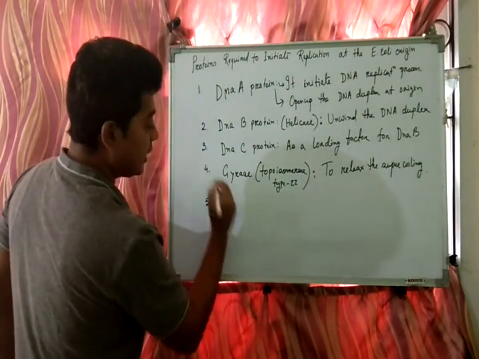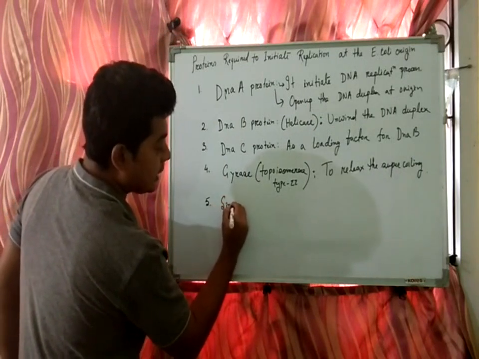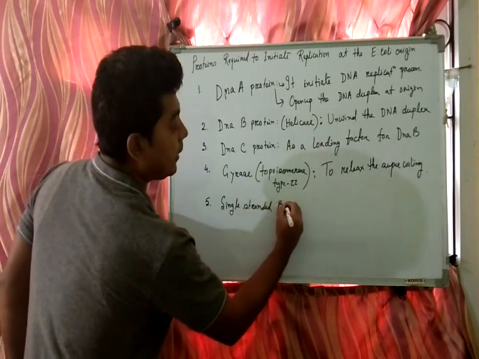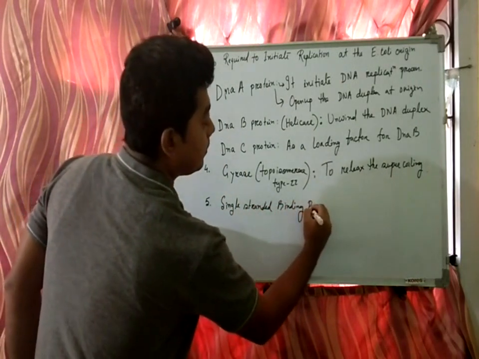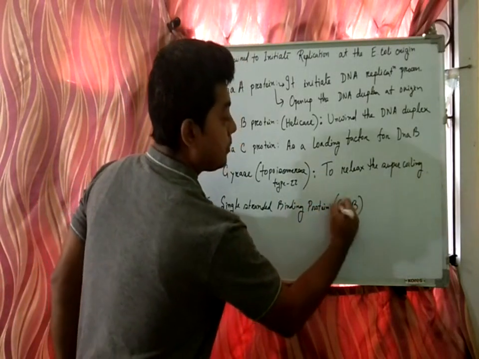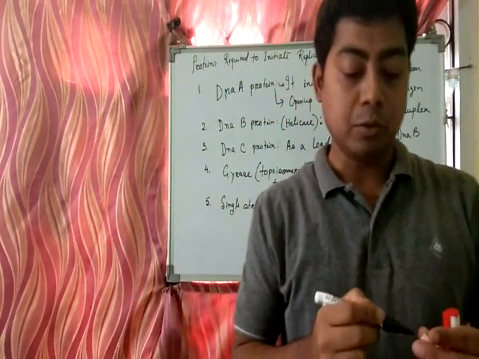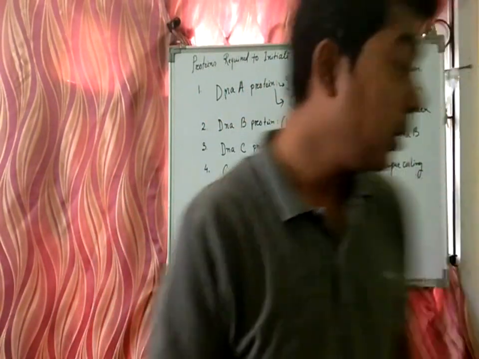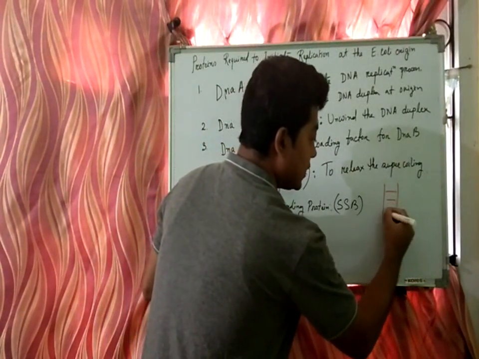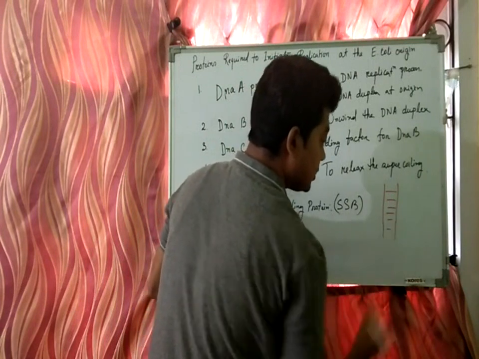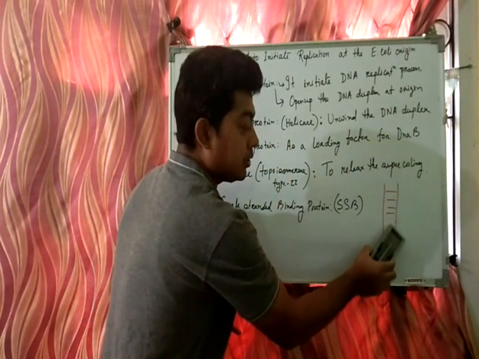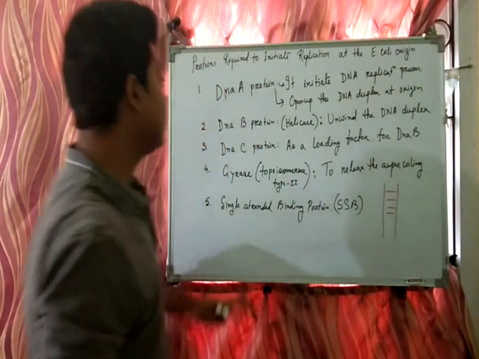Another important protein is called single stranded binding protein, in short SSB. What is the meaning of that? There is a double helical structure with hydrogen bonds. Suppose at one position the hydrogen bonds break down. How does it break?